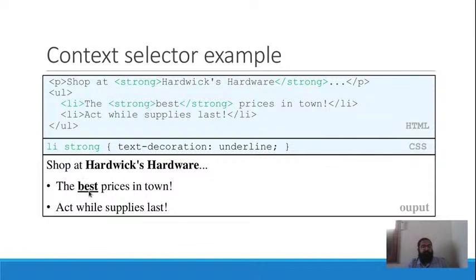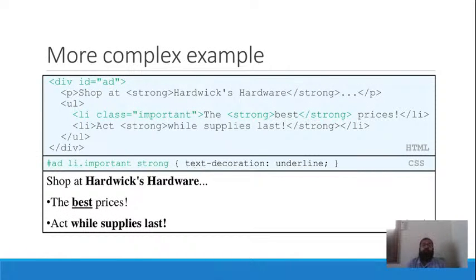So the best prices in town. And in the same way, in this one, p strong, since it is li strong, it does not have the underline.